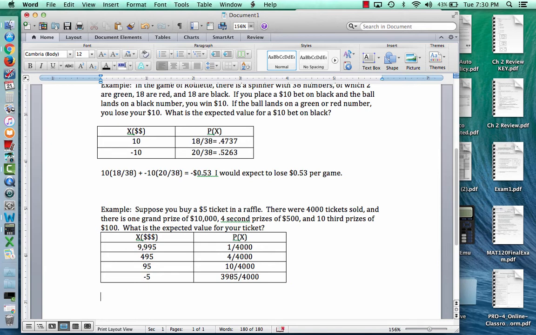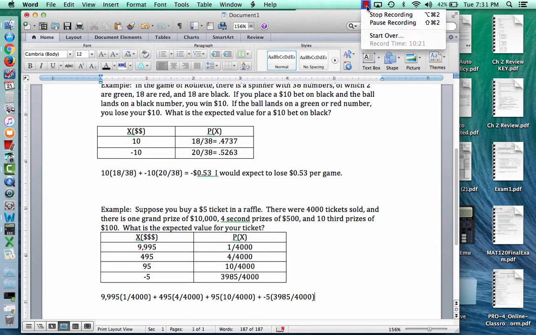So we're just doing 9,995 times 1 divided by 4,000, plus 495 times 4 divided by 4,000, plus 95 times 10 divided by 4,000, plus -5 times 3,985 divided by 4,000. So remember, I did each outcome times its probability. I'm going to type that in.